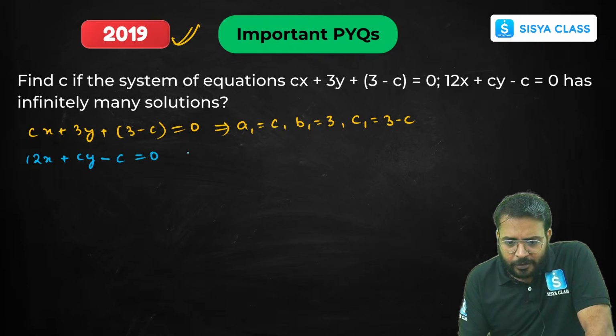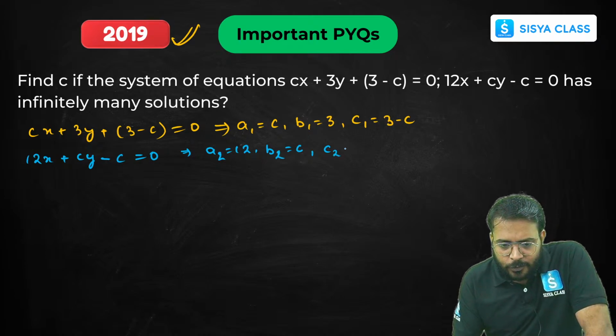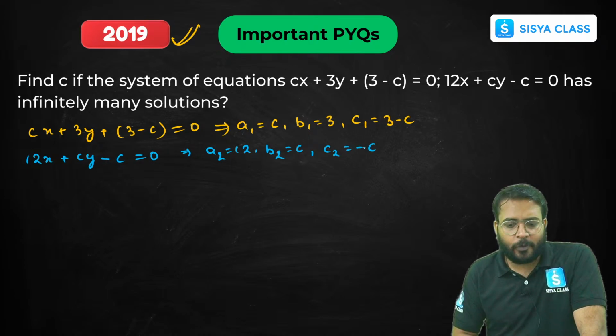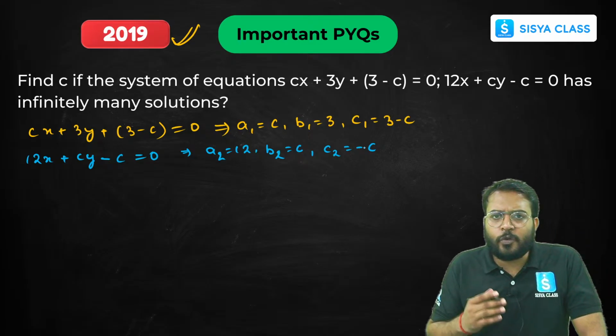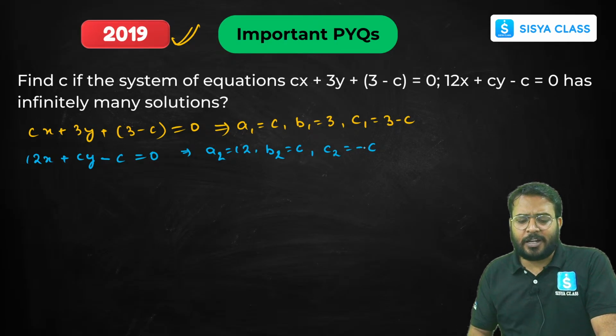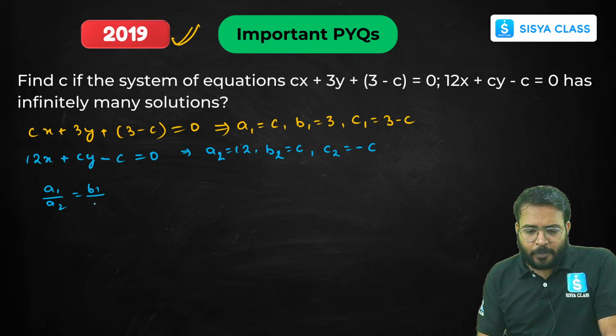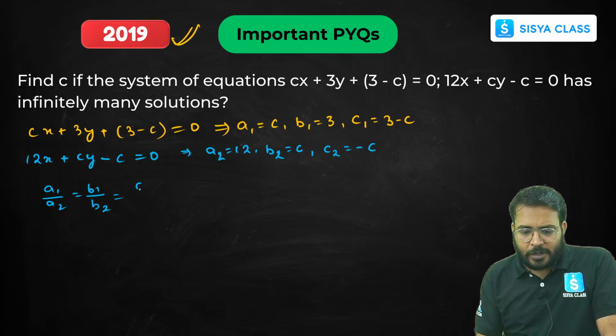So a2 is 12, b2 is c, and c2 is minus c. In order to have coinciding lines or infinitely many solutions, we should have a1 by a2 is equal to b1 by b2 is equal to c1 by c2.